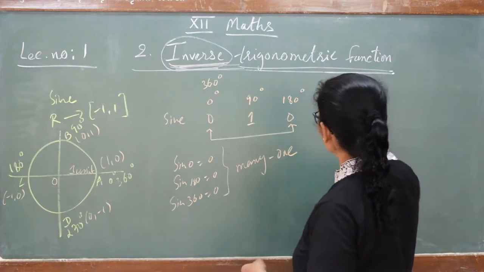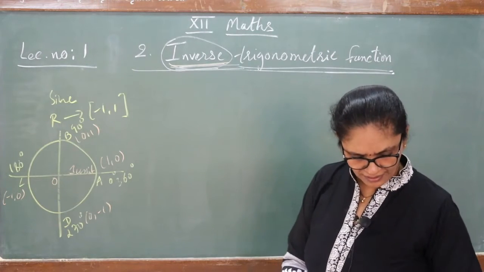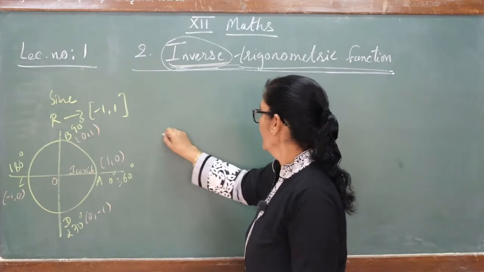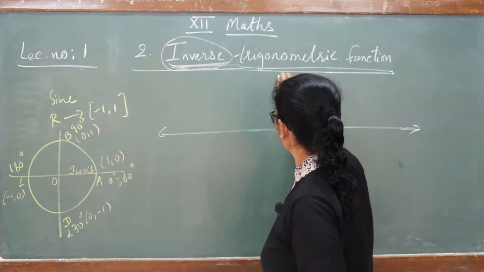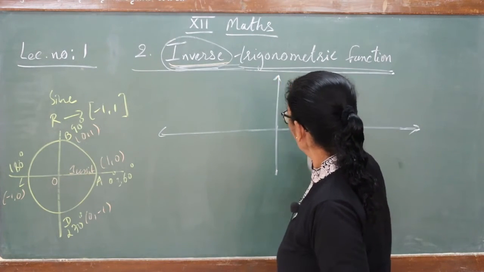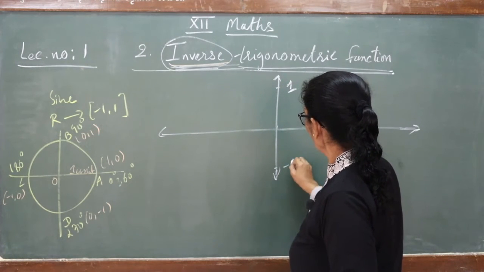Let's revise these things with the graph so it will be more clear to you. What is the graph of the sine function? Let me draw it. This is our y-axis, this is 1, this is minus 1.